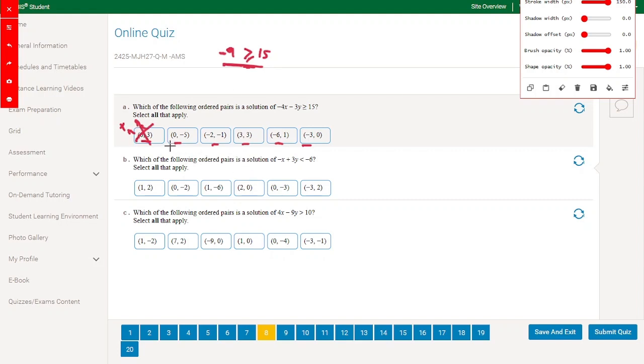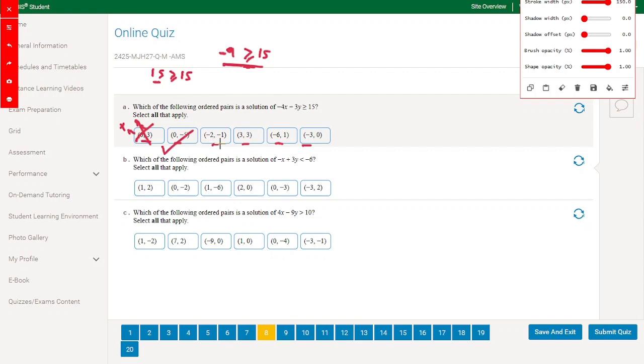Take this one, so we'll have also here minus 4x, x is 0, so it will be 0. And minus 5 multiply minus 3 will be 15. So it will be 15 bigger than or equal to 15. So 15 is equal to 15. Yes, so this is the right point.